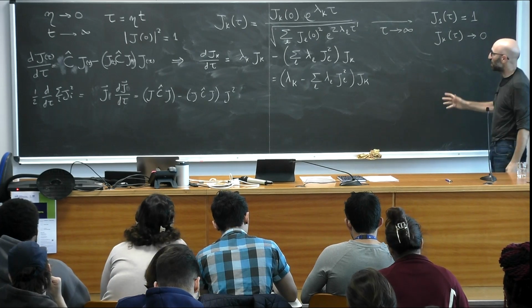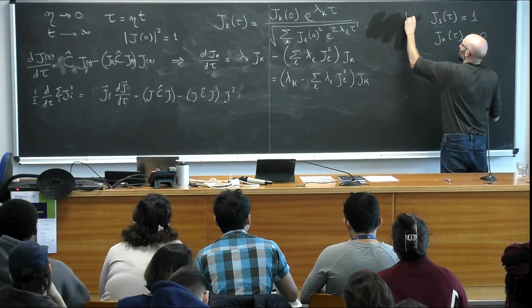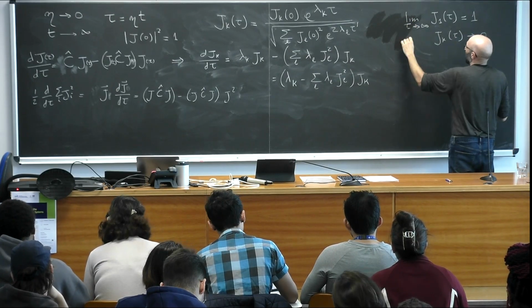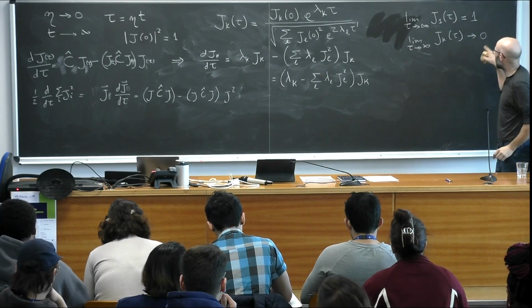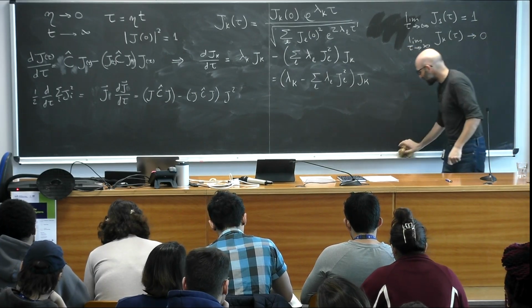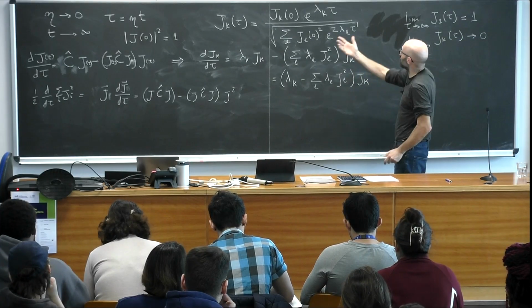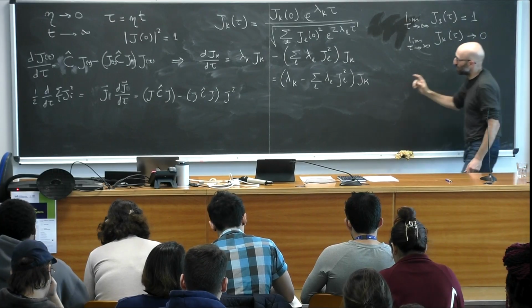Maybe I can write it. The limit for tau going to infinity of J1 is going to be 1, and the limit for tau to infinity of all the other components is going to 0. So the algorithm is going to learn: J is going to become the principal component of C hat.